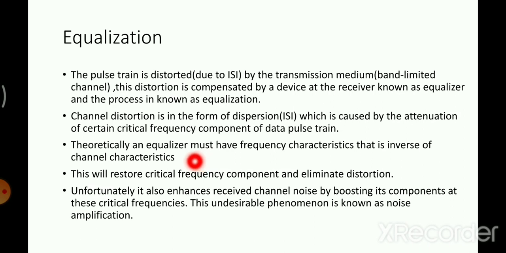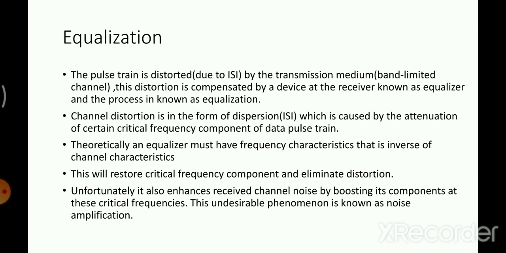So that's what is written here in this point. Whatever critical frequencies we lose in the channel will be restored in the receiver using the device called an equalizer, and it helps in eliminating the distortion. But there is a catch. Whenever you try to restore those frequency components, along with them you are also restoring the noise.